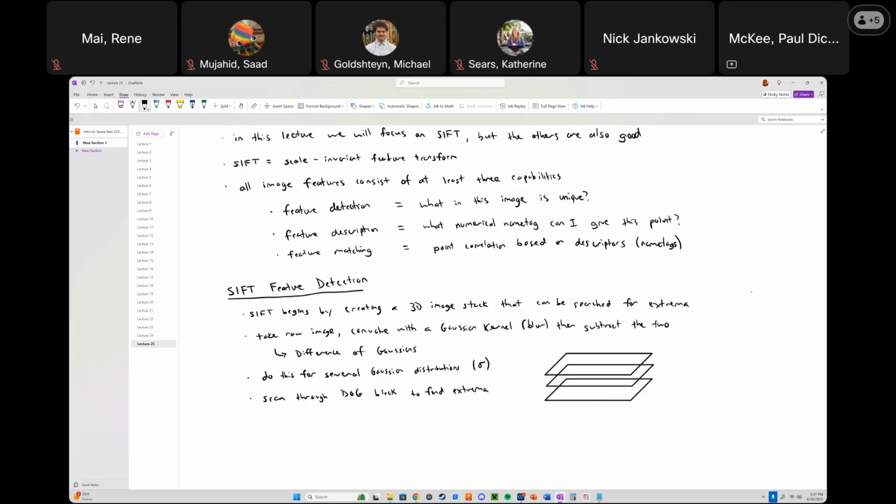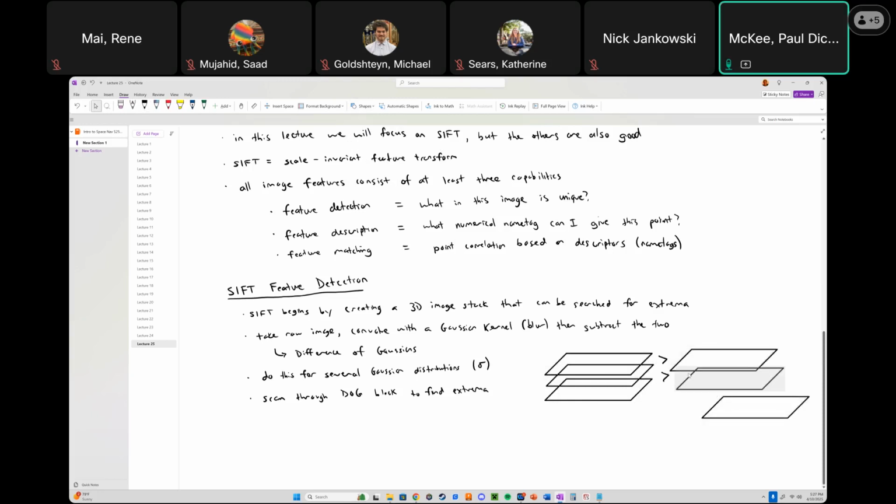We're comparing the image blurred to the image blurred again. When we do that, we get kind of this difference of Gaussian image. And then we get another difference of Gaussian image. And we ultimately are building a block over here, which we're going to call the DoG block.